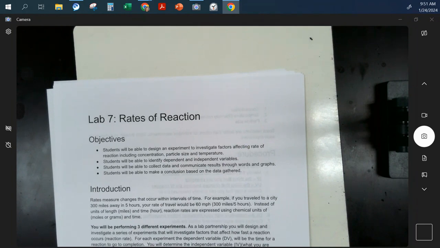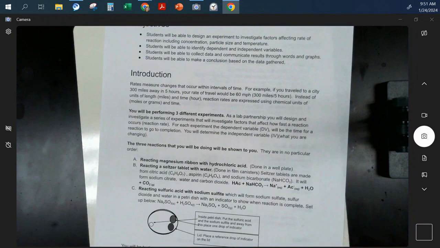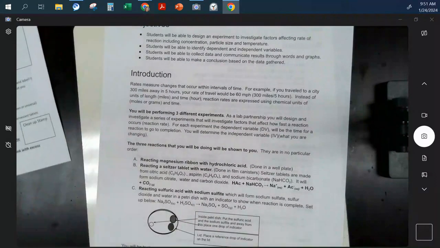So there are 3 reactions that we are going to look at, and on your paper, they're right here. These papers are similar, but they're not the same.